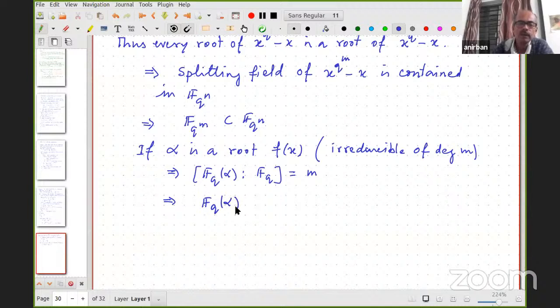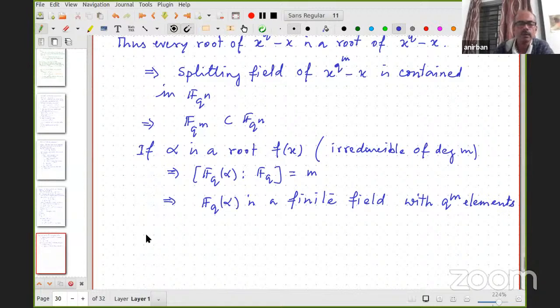So F_q(alpha) is a finite field with q to the m elements. Therefore there is only one, because all finite fields are splitting fields.